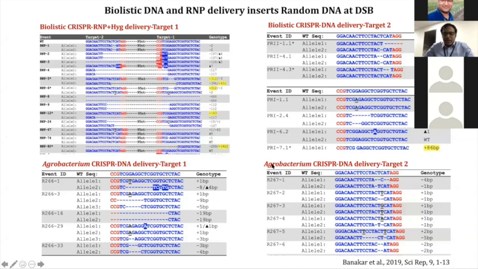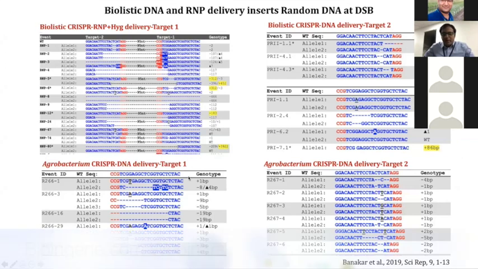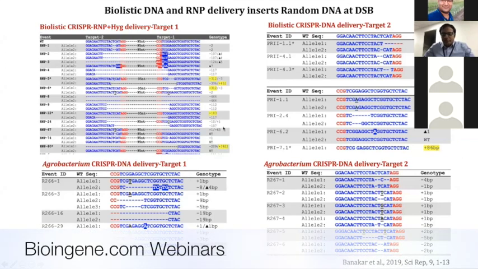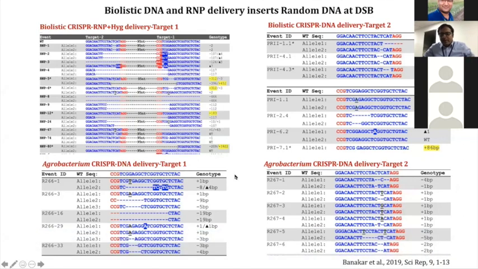So that leaves us with options now. For example, we can use this approach to deliver smaller fragment DNA into the cleavage site using the non-homologous end joining repair pathway. Whereas if we want a clean editing event, then it's better to go with Agrobacterium delivery.